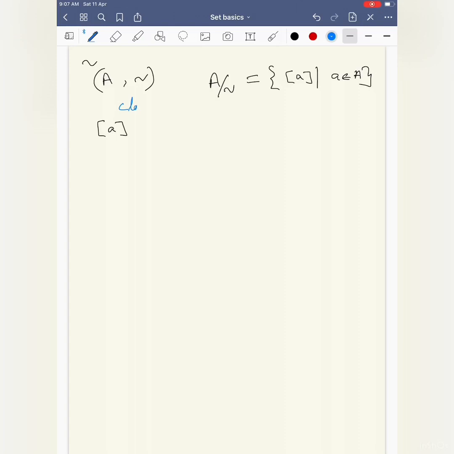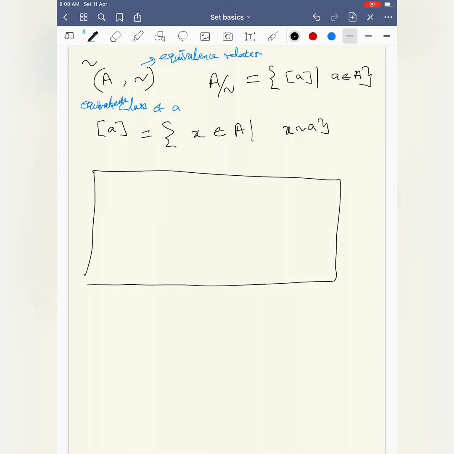We call this the class, or equivalence class, of a, that is the set of all x belonging to A such that x is related to a. Suppose we have an equivalence relation, and let's see what happens here.